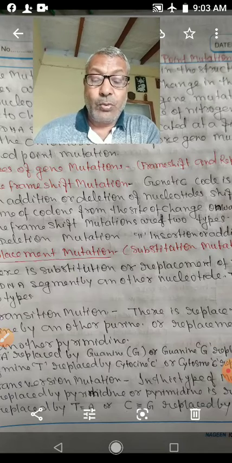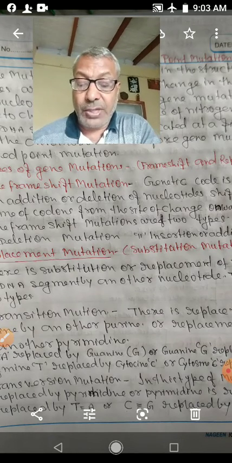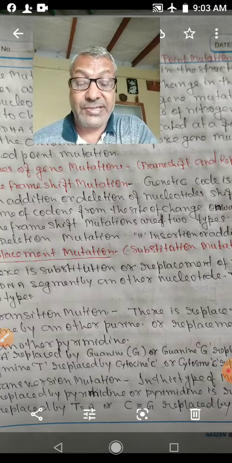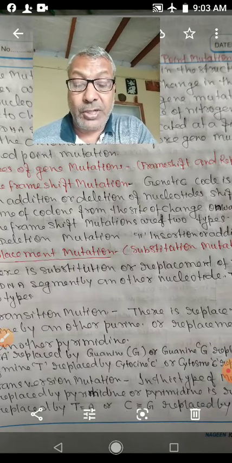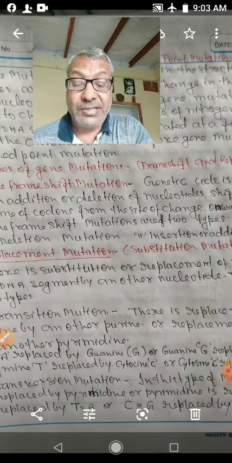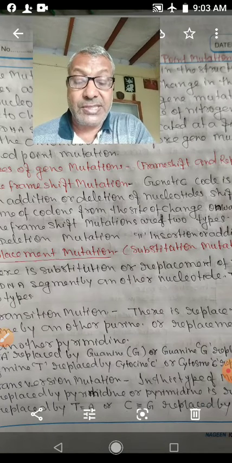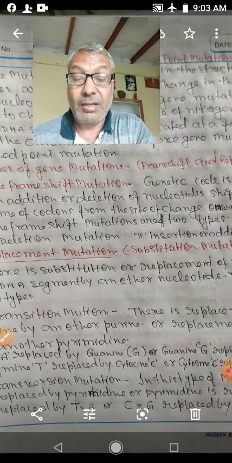So when one nucleotide is removed, the frame of genetic code information gets changed. As the frame of genetic code information changes, the expression of the gene will change. There will be a change in the sequence of amino acids in a protein.